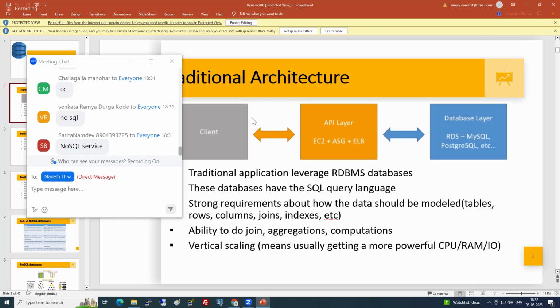That is a normal approach, and that database is mostly an RDBMS database, a Relational Database Management System. All your MS SQL, Postgres, MySQL, whatever RDS supports, are RDBMS databases. So all your applications are getting connected to your RDBMS database.